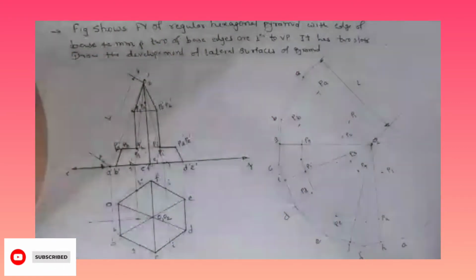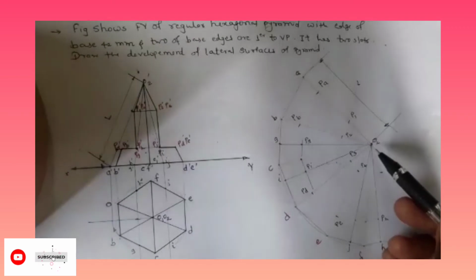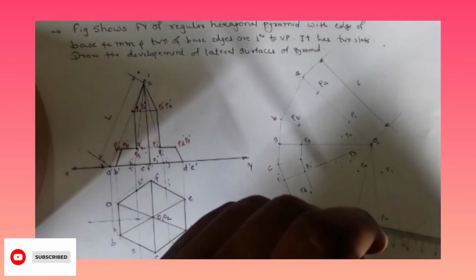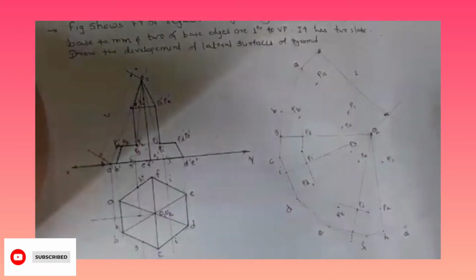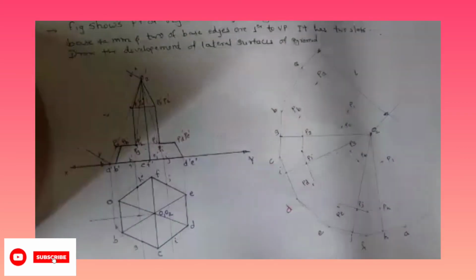Now the last point is the PJ. Here this is the O to J line. We have already taken this point, and through this point we have to draw the line parallel to this line, like this, and wherever it cuts, here will be the PJ.